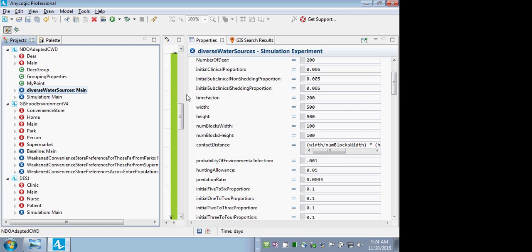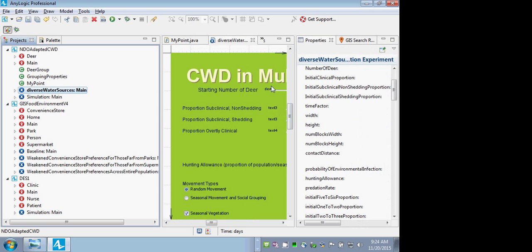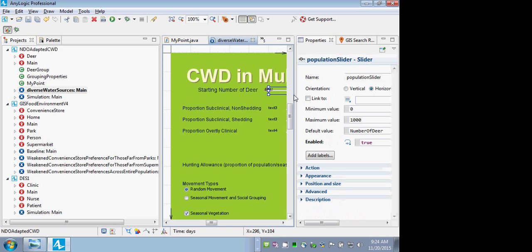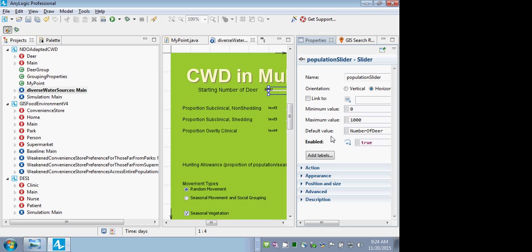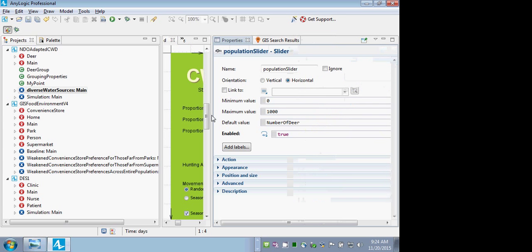Because this was in an older version of AnyLogic, they weren't using the features that you do now. But you can, for example, say I want to link this to number of deer, and then when you slide it, it automatically changes this variable, which is very convenient. And that variable can be passed as a parameter for main.